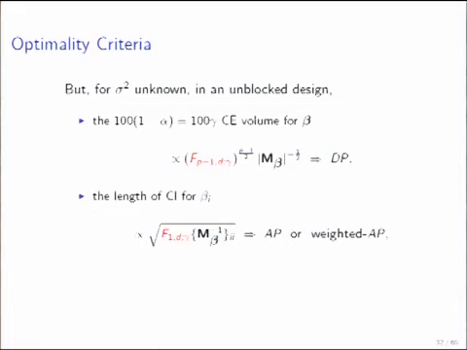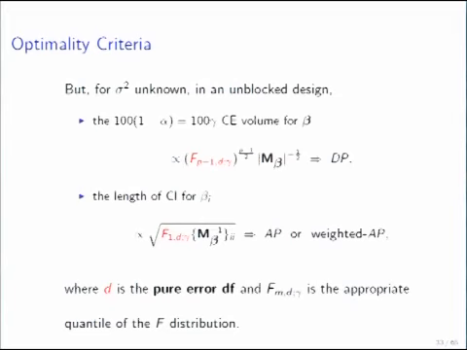For parameter beta i, the confidence interval length is proportional to that, and if we want the length to be minimum, we should minimize that expression. That leads to an AP criterion, or weighted AP criterion. D is the degrees of freedom for pure error for the F distribution.